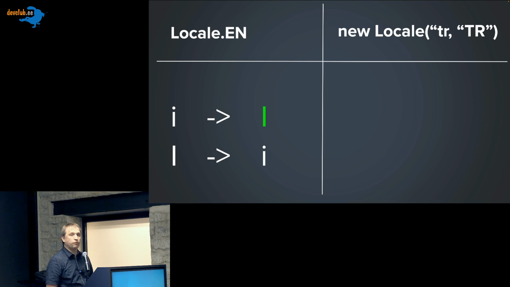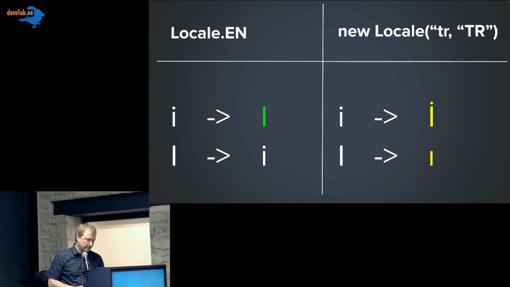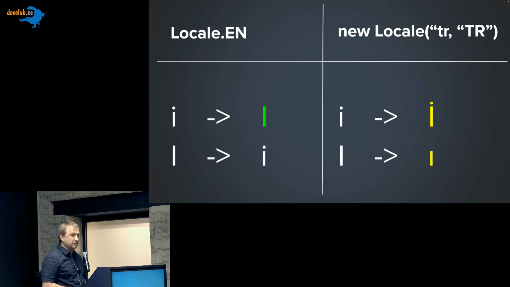But if we check, for example, Turkish locales, then i is converted to some different I, and to lowercase it's also converted to some different i. Turkish is just a very convenient locale to reproduce this bug. Of course, there are many more different locales in the world, but I like Turkish because it's easy to reproduce.